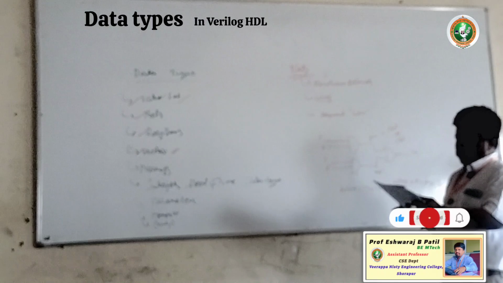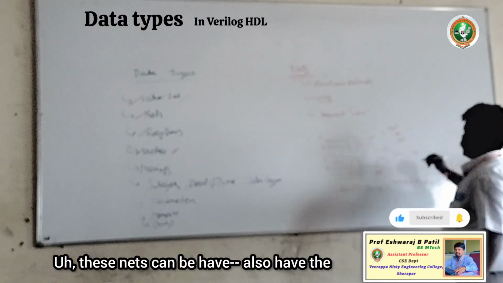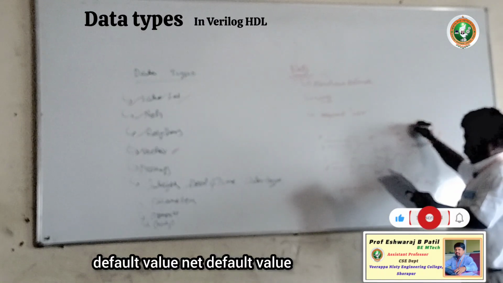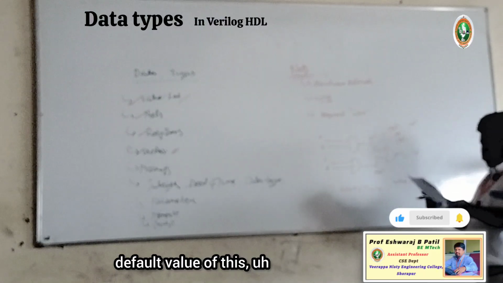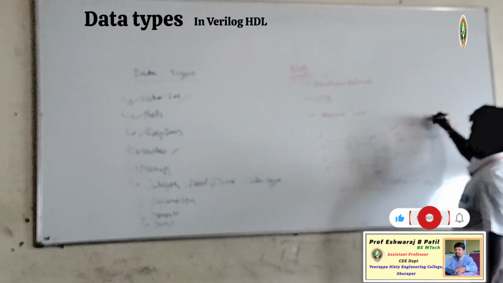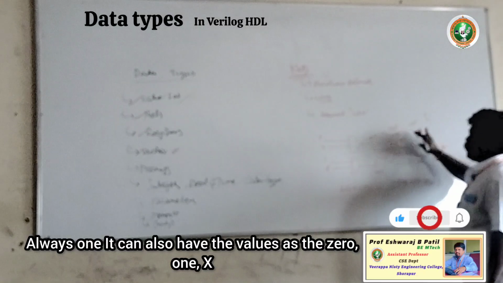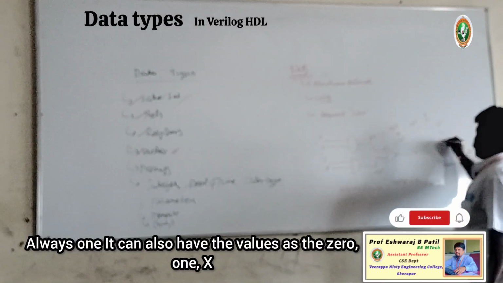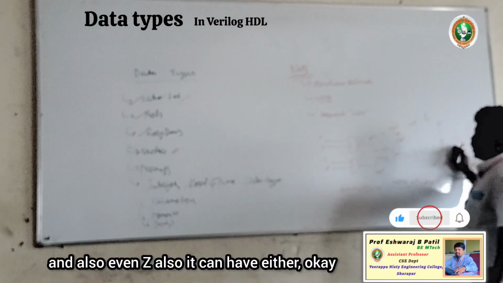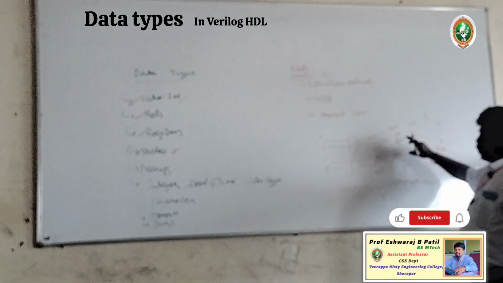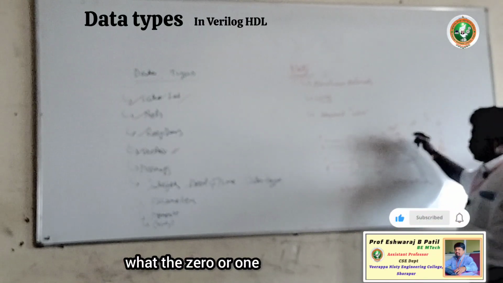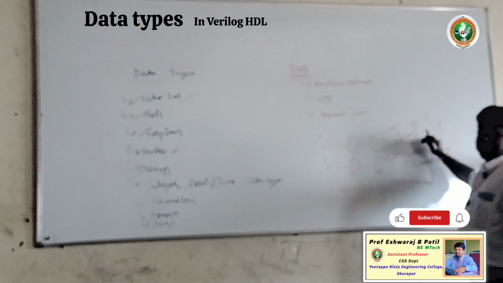Next, these nets can also have a default value. The default value of this net is always 1. It can also have the values 0, 1, X and even Z. Usually the values are 0 or 1, and the default value is 1 only.